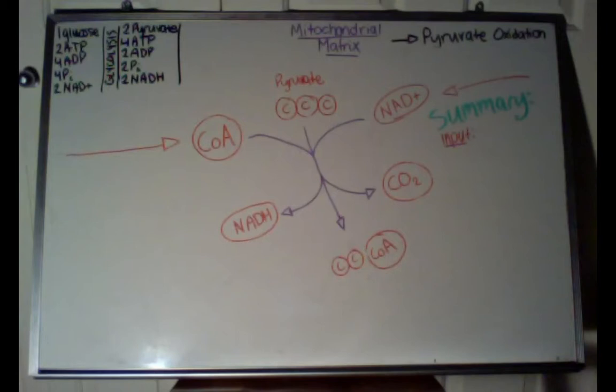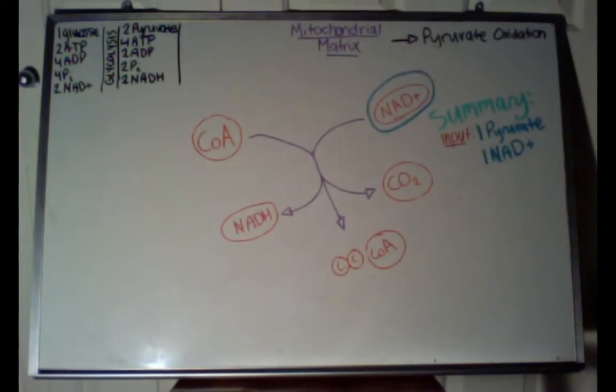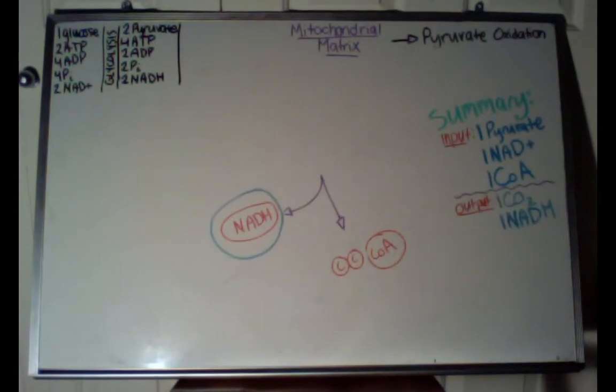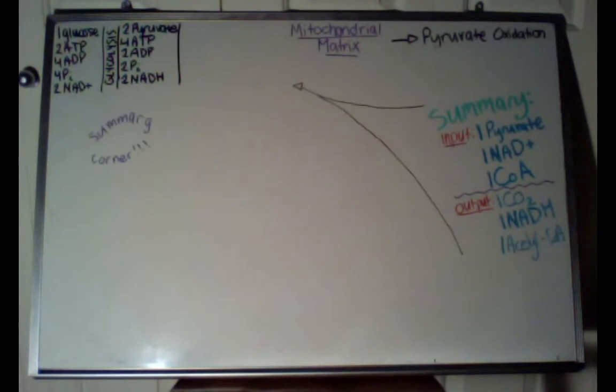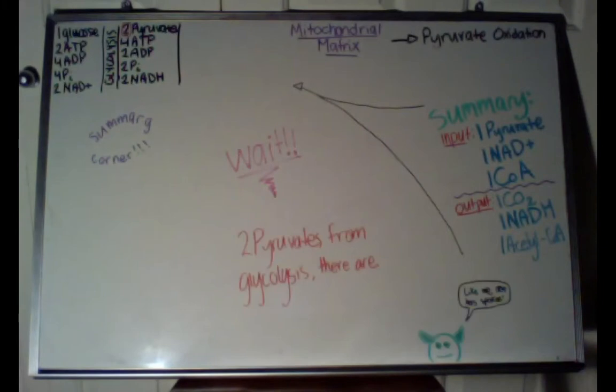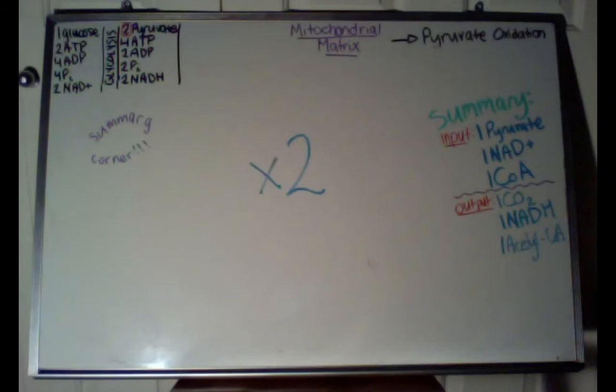So, as our input, we had our NAD plus and pyruvate and our coenzyme A. And we produced a carbon dioxide, NADH, and acetyl-CoA. But before we stick it into the summary corner, we have to look at something. We produced 2 pyruvates from glycolysis, so therefore, everything must be multiplied by 2, because this whole process occurred twice for every 1 glucose.